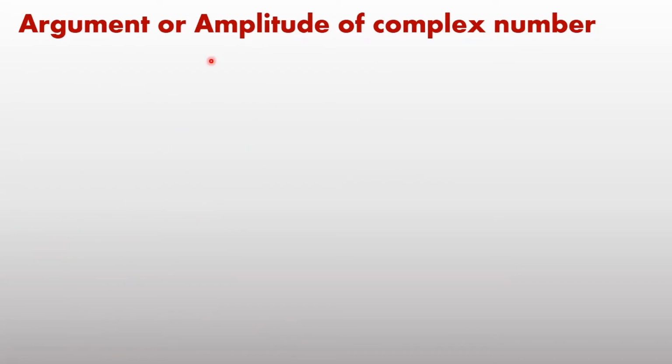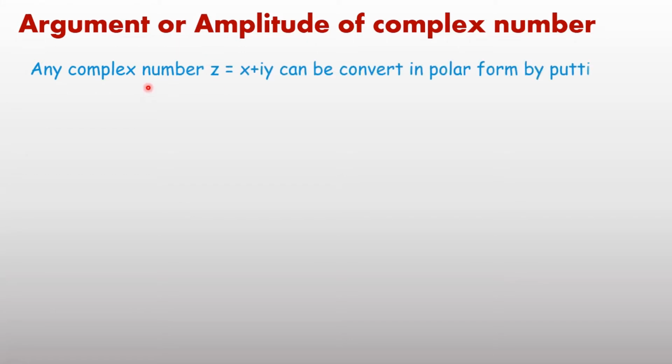Argument of complex number. A complex number x plus iy can be converted into polar form just by putting x equal to r cos theta and y equal to r sin theta.